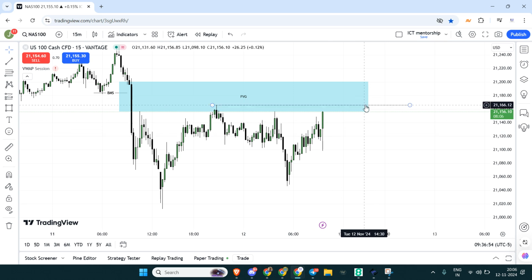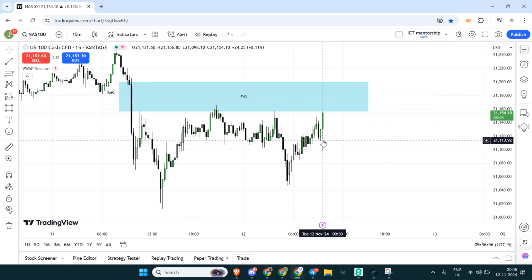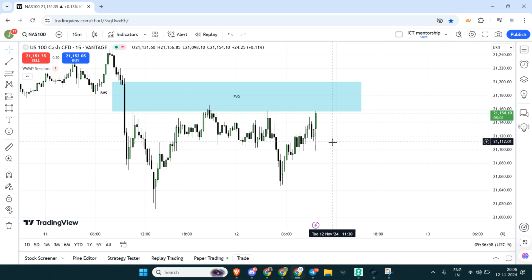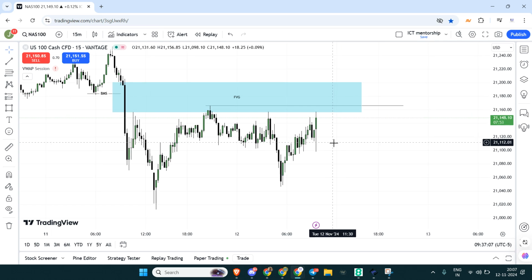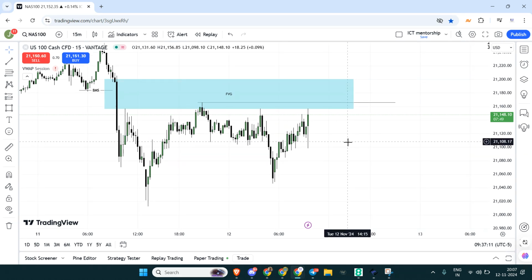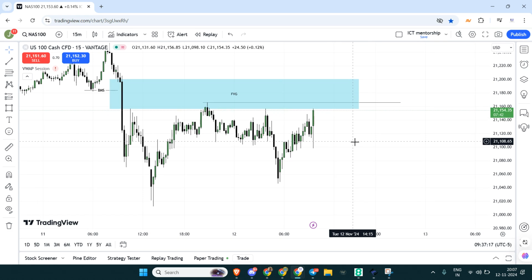If you know the liquidity is there, you can go for a long trade here. But my ultimate bias, my main bias, is bearish, so I'll be looking only for short trades. I'll be watching until the price sweeps this area, and looking for a liquidity or market structure break. So let's wait for that.